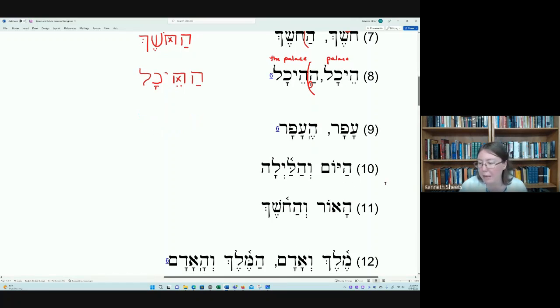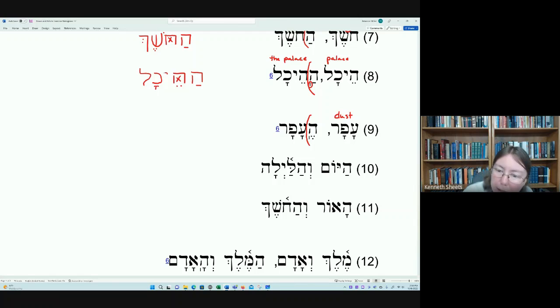And then we come down next to this form here, afar, and afar is the word for dust. And then I add the article to the front of it, hey with the pathak followed by a dagesh forte, but the guttural, the ayin here, rejects the dagesh forte.